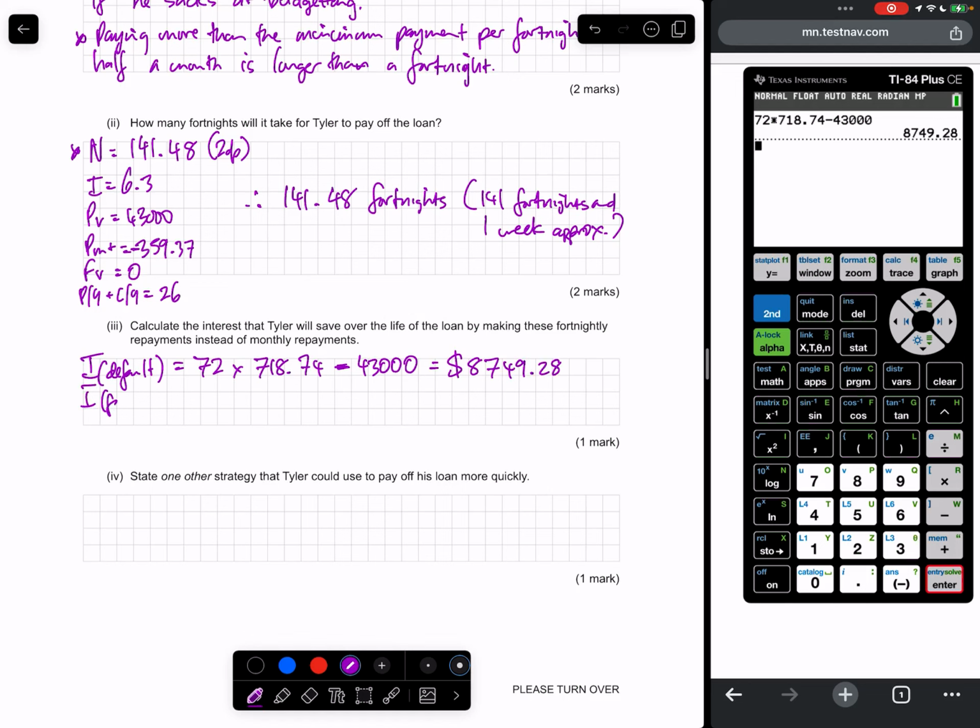Fortnightly, 141.48 times by 359.37. Take away 43,000. 7843.67 to 2 decimal points.